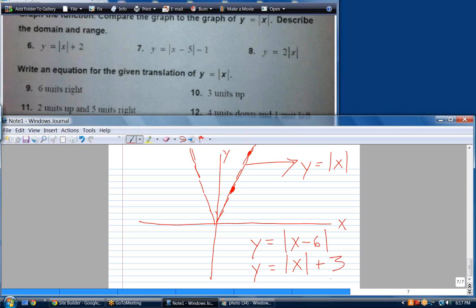When you're doing a vertical shift, whatever that is matches the direction you're going. When you're doing a horizontal translation, or horizontal shift, then the direction is opposite of that.